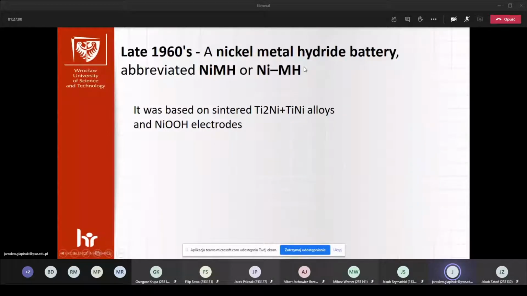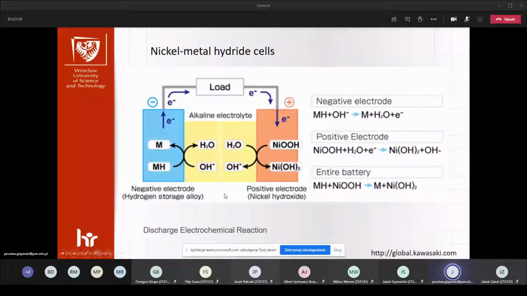It is commonly used nowadays because we can store more energy in it. We have negative and positive electrodes made of nickel and some kind of metal, and we can store energy in the process. This is the chemical process for storing the energy.